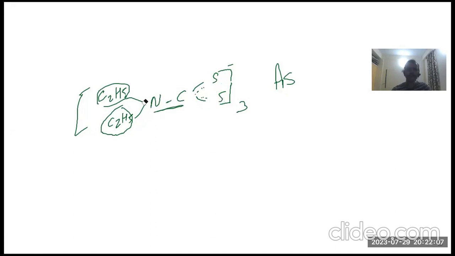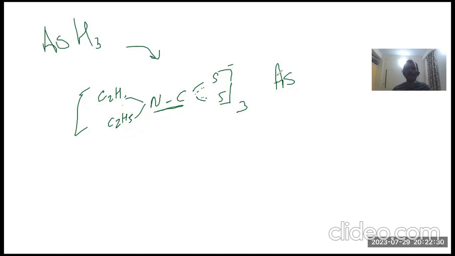So this reagent will react with, just a minute, arsenic, which is in gas form. Arsenic gas, which was AsH3. So here arsenic is in +3 form.